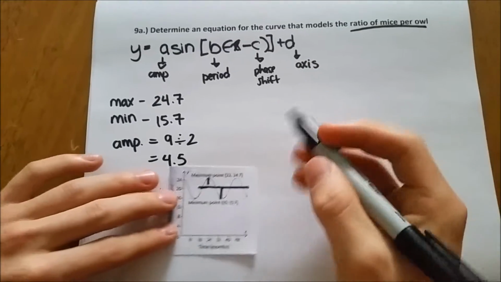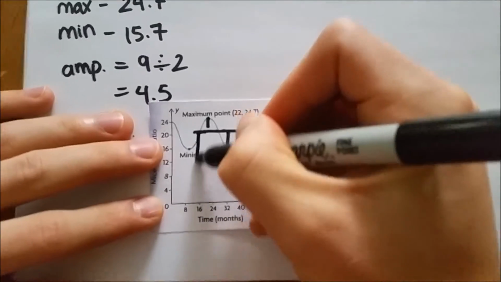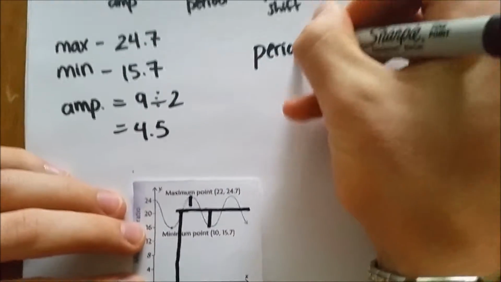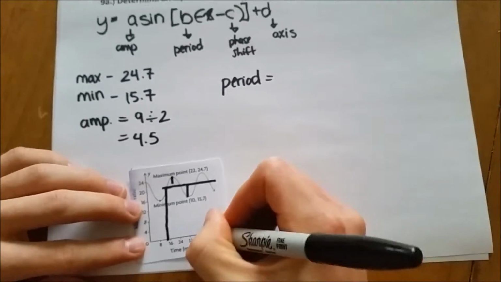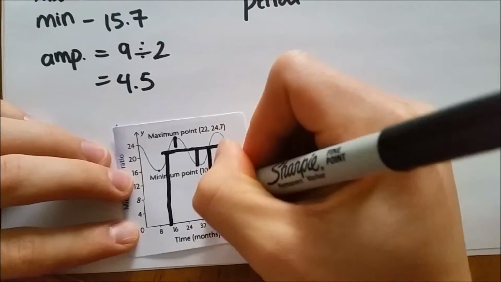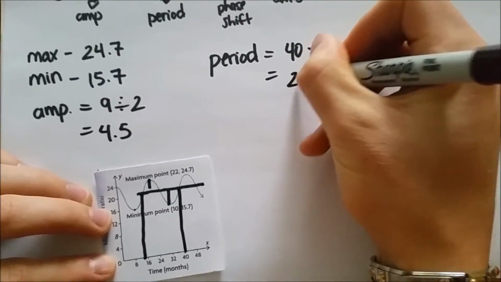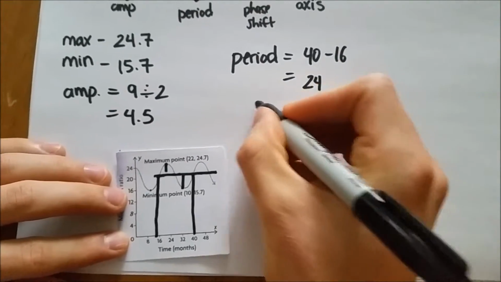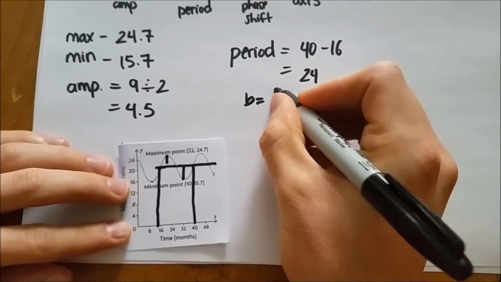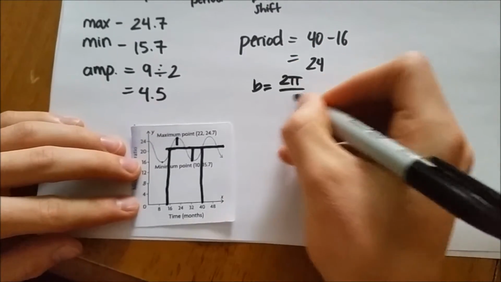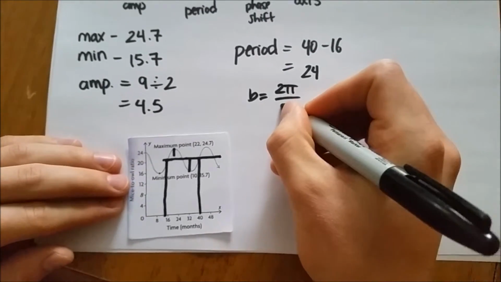Next we go with our period, and we're going to start here at 16. The period goes to 40 right here. So 40 minus 16 equals 24. In order to find the b value, we do b equals 2 pi over the period.